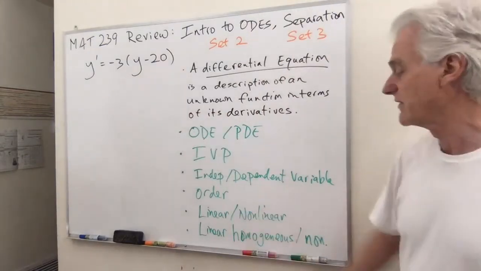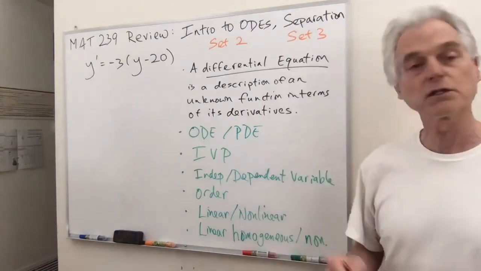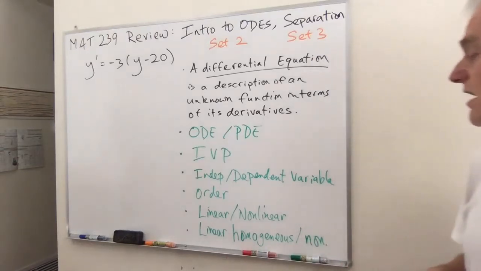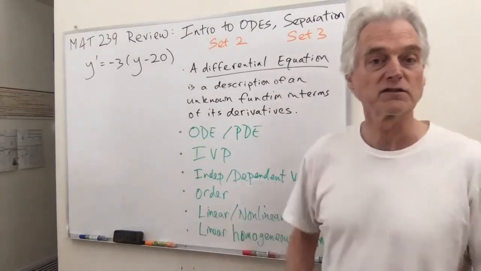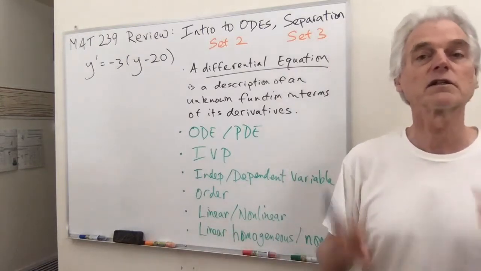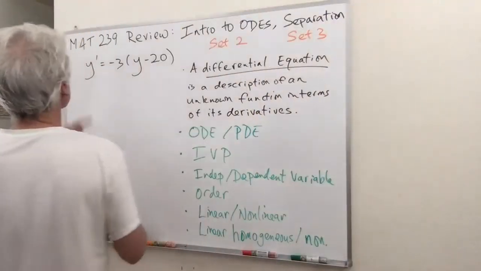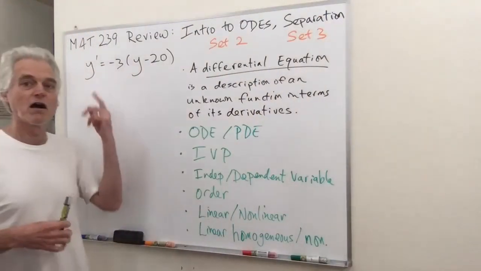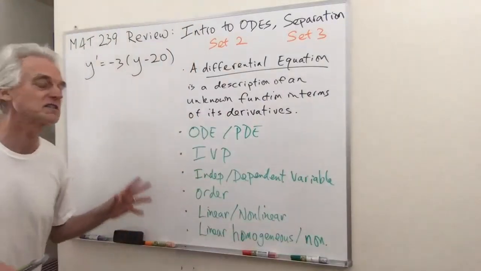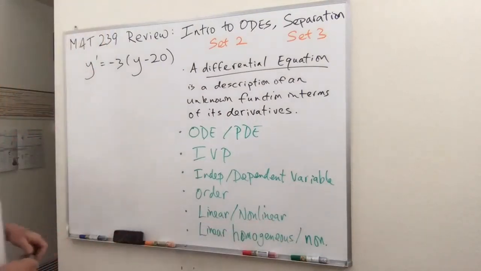All right. And then there's a big distinction in this class between linear and nonlinear ordinary differential equations. And if they are linear, then there's a further subdivision between linear homogeneous and linear non-homogeneous. So let's think about this differential equation. I'm actually going to be doing almost the whole review of the whole course thinking about this differential equation.